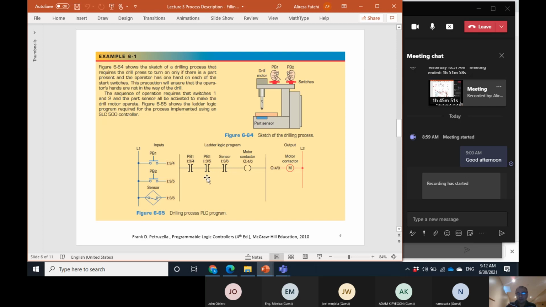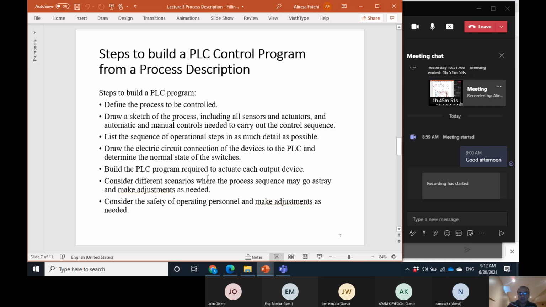Maybe we need to make some changes for safety, or for some scenarios that may not be initially indicated in the process description. Many times it has already been explained, but the first time that we read the process description and start to build the program, it was not that highlighted to us.